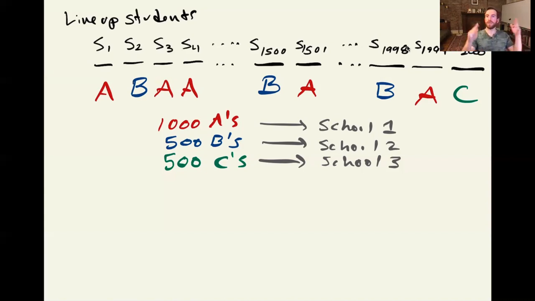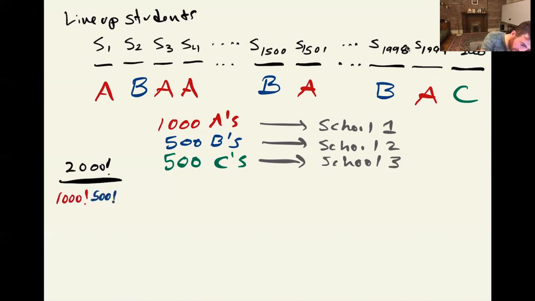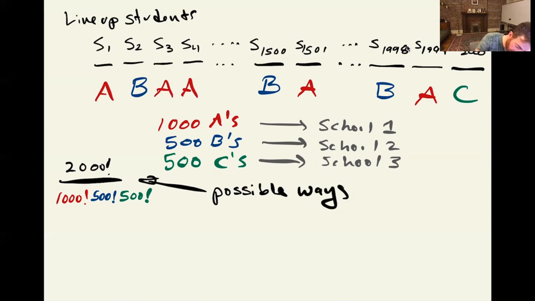I then generate this big permutation of which there are, as we know, 2,000 factorial divided by 1,000 factorial and 500 factorial and then 500 factorial possible permutations. And each permutation gives me a unique way of assigning students to schools.